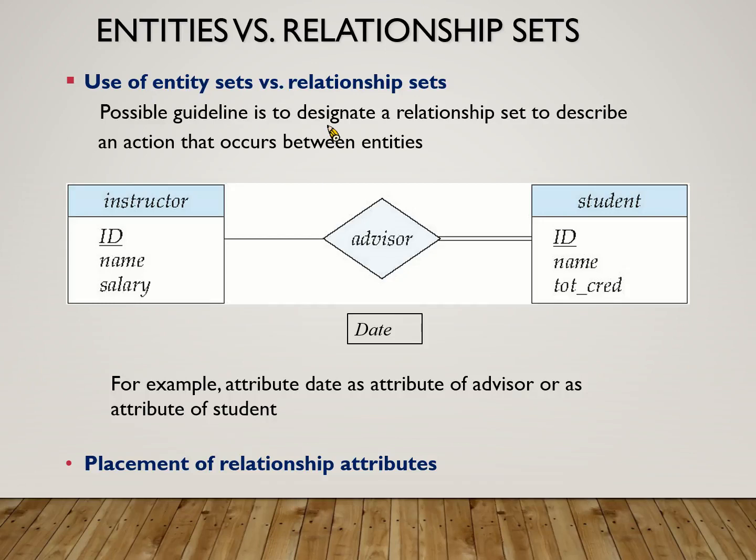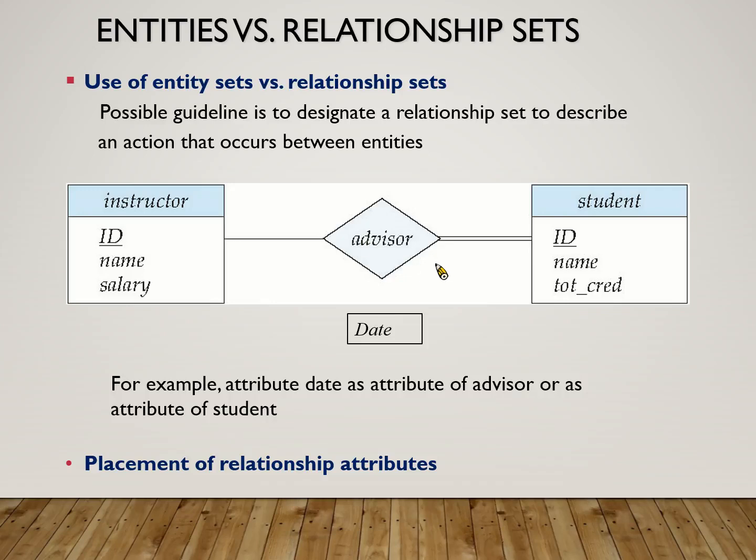As to the use of entity sets and relationship sets, according to the guidelines I mentioned earlier, we can try to search for nouns or independent objects to represent as entity sets.